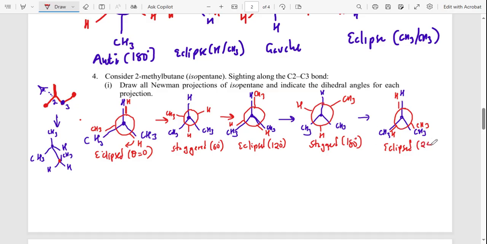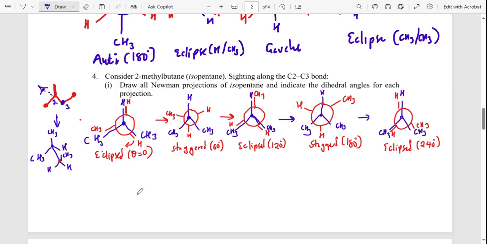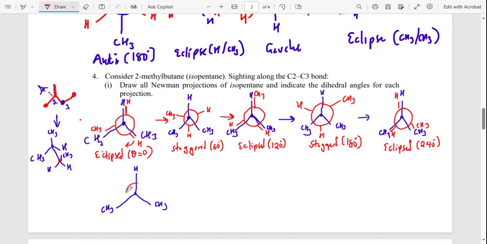That is going to be 240 degrees. We'll do another 60-degree rotation. The hydrogen in front is still the same there. CH3 here, and then CH3 here. The carbon at the back, I said hydrogen, but I was supposed to say carbon.